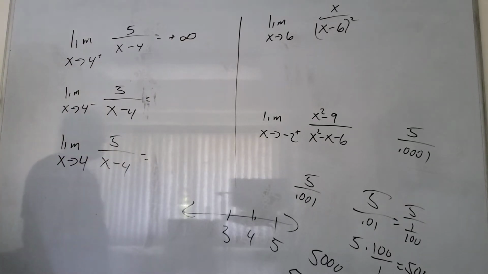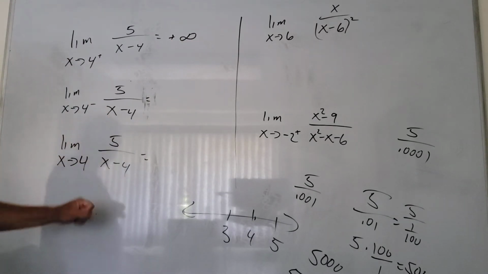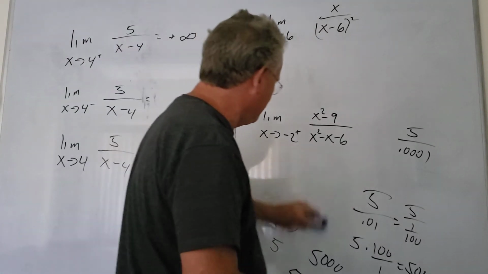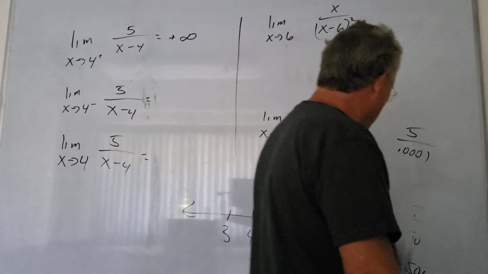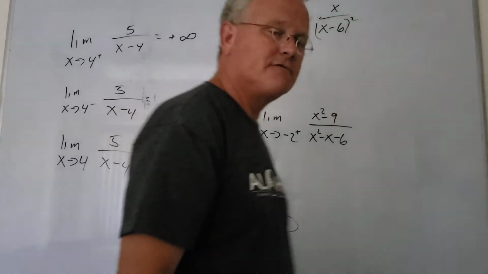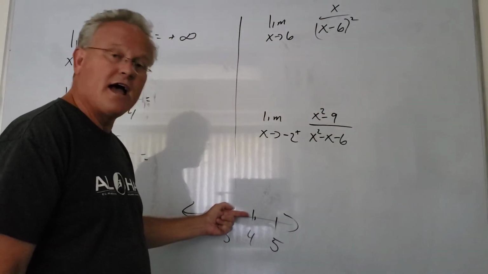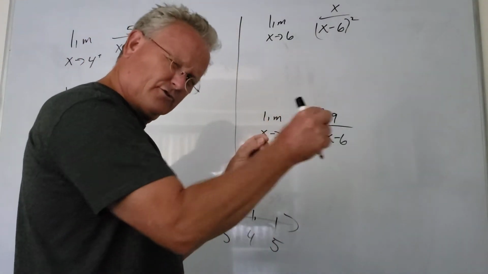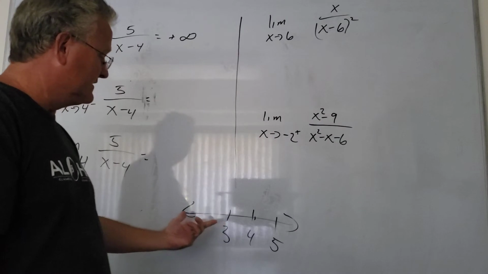This is the same idea, but now we're approaching 4 from the left. When we come in from the left, we're always a little bit less than 4, right? 3.9, 3.99, 3.99999, getting closer and closer. It's the idea of a limit.